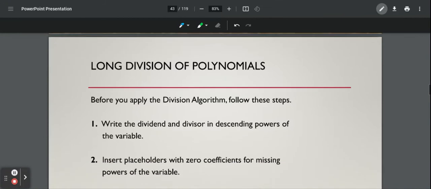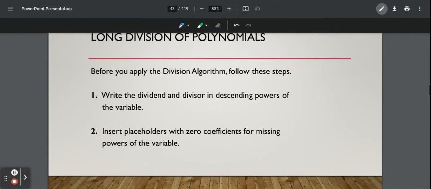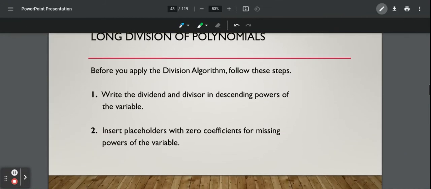So in general, before you divide polynomials, you need to write the dividend. The dividend is your original polynomial. So you write your original polynomial and the divisor, right?